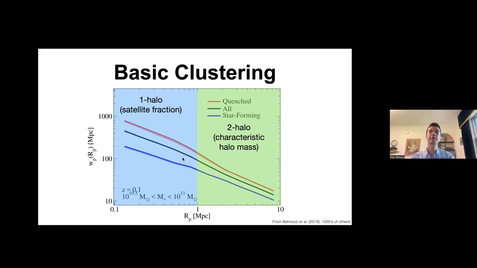I'm a little bit confused by your question, actually, because yes, there's nonlinear bias around massive things, but it doesn't necessarily extend a lot further out. Where do you have the 1 to 2 halo transition? It still happens around this same point, and so on large scales you effectively have very little you can do with the bias to make it not just tell you about a characteristic halo mass.